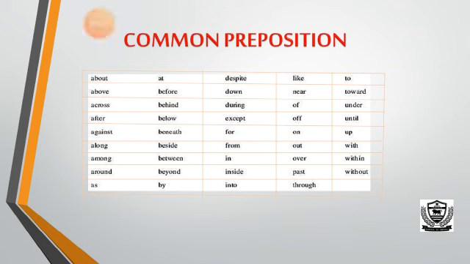Now students, you have a chart of common prepositions, which comprises about, above, across, after, against, along, among, around, as, at, before, behind, below, beneath, beside, between, beyond, by, despite, down, during, except, for, from, in, inside, into, like, near, off, on, out, over, past, through, to, toward, under, until, up, with, within, or without.